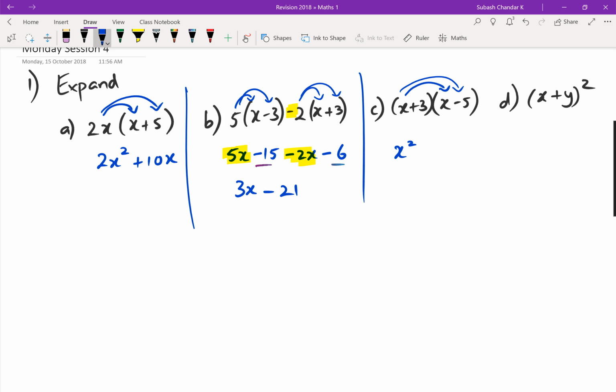And then x times minus 5x, so it's going to be negative 5x. 3 times x is 3x. And then 3 times negative 5 is negative 15. At this point, combining your like terms, you're going to get x squared minus 2x minus 15.